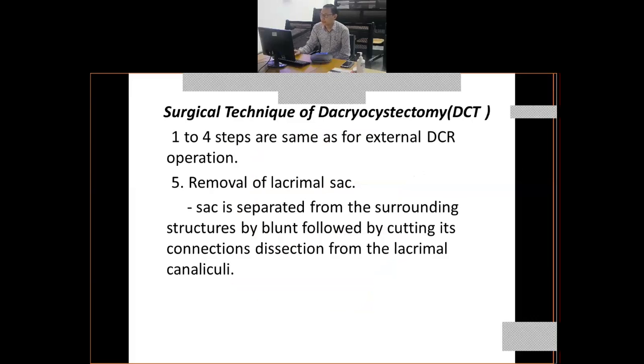Then the surgical technique of cryocystectomy, DCT. Steps 1 to 4 are the same as external DCR, that is, up to exposure of the lacrimal sac. Then after exposing the lacrimal sac, the next step is removal of the lacrimal sac. The sac is separated from the surrounding structures by blunt dissection, followed by cutting its connection from the canaliculi.